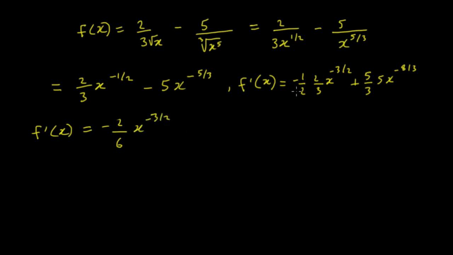And this is going to give us 5 times 5 is 25, so it's going to be 25 upon 3 x to the minus 8 upon 3. So therefore we can rewrite this as f derivative of x is going to equal, well, minus 2 upon 6 is the same as minus 1 upon 3.